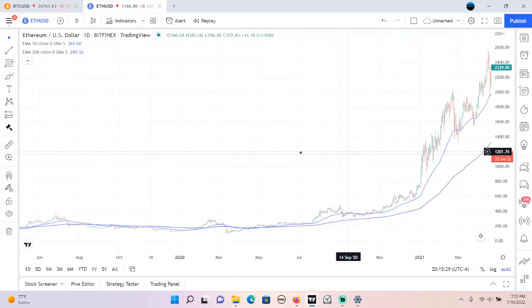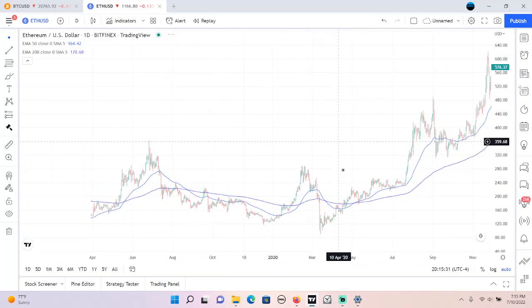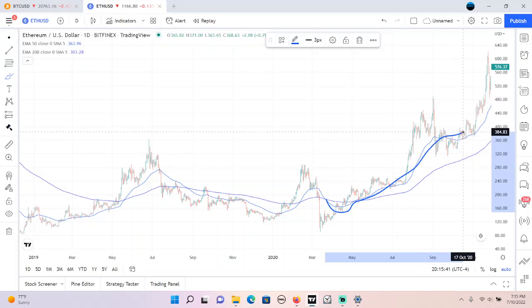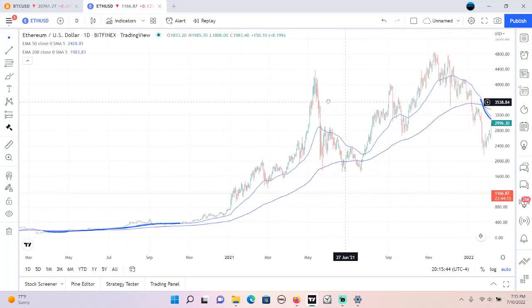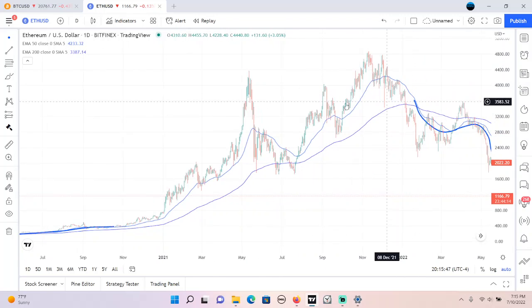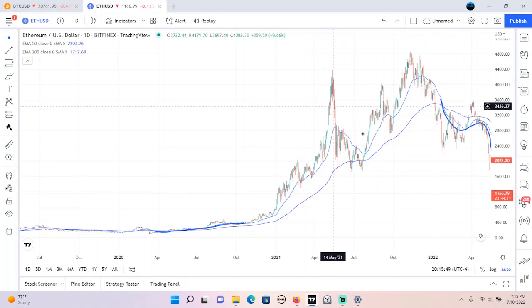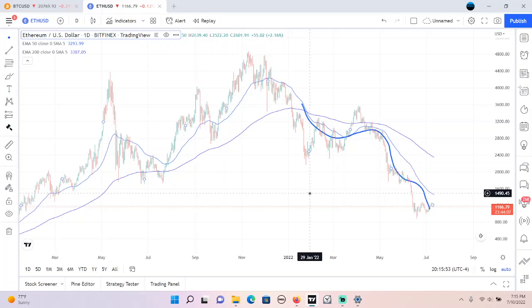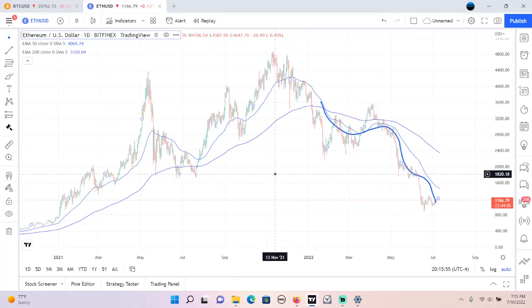That is completely different from May of 20, when the 50 quickly dipped below, but once it dipped up, it stayed above the 200 for a solid 2 years. And this is how moving averages work.